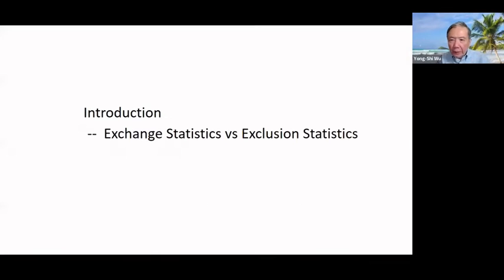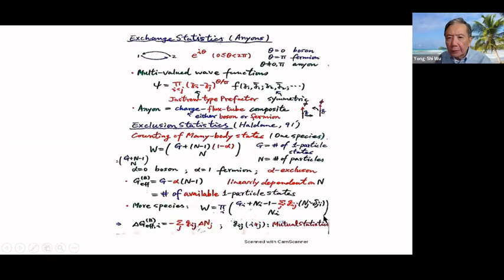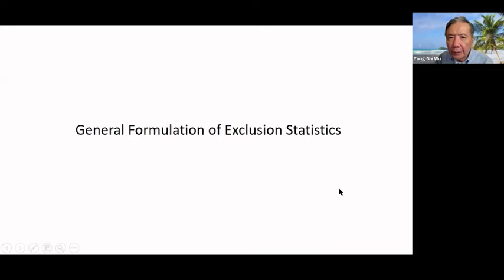Okay, introduction, only one page. What's the difference between the exchange statistics and the exclusion statistics? Let me try to shift, okay.